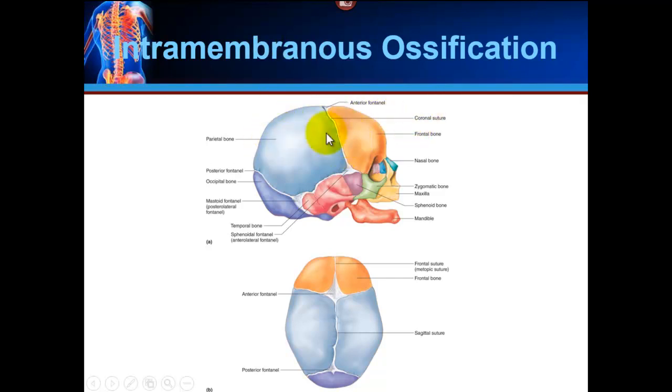And then at some point, that fibrous connective tissue, and it always starts in the center, and it will progress out, but osteoblasts will form here and convert that fibrous connective tissue into osseous tissue, which is bone tissue. And it always starts in the middle, and always progresses toward the edges.